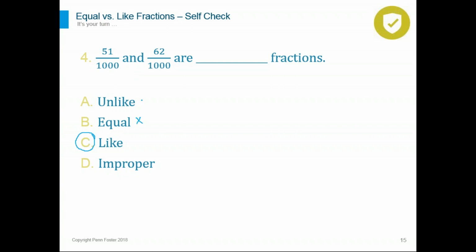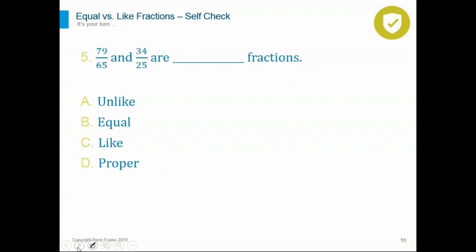Unlike is wrong because both fractions have the same denominator. Improper, the numerator is smaller than the denominator in both cases, so actually the two fractions are proper fractions. So this is incorrect. Like is the right answer, so I'm able to put this word here, and that would make my statement correct.